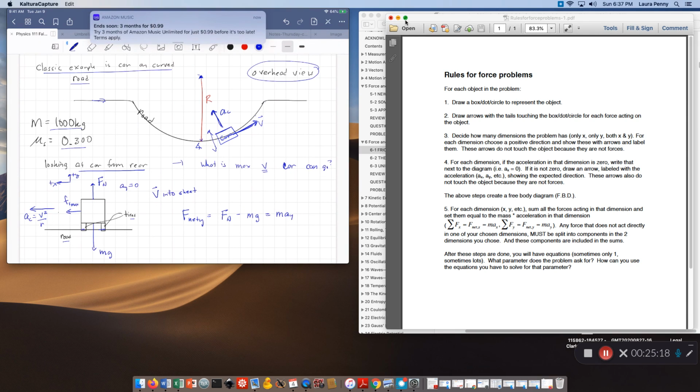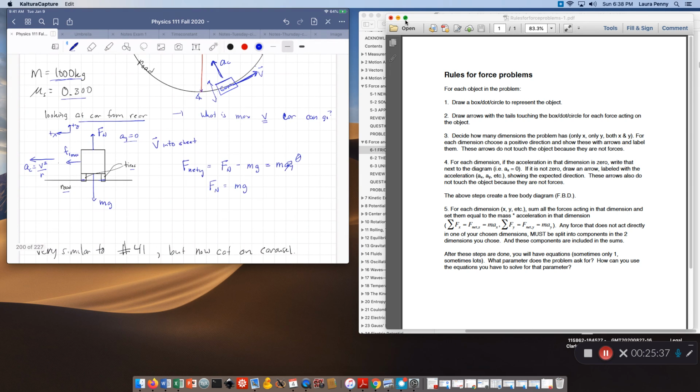Now, don't ever forget that you have to write equals ma and then go look at what you've said about the acceleration. So the normal force here is just mg, which I could calculate if I have the mass, but I'm going to hold off on that for a second.